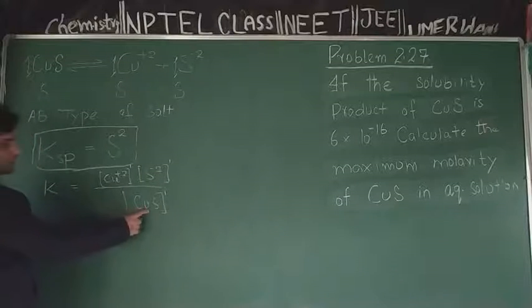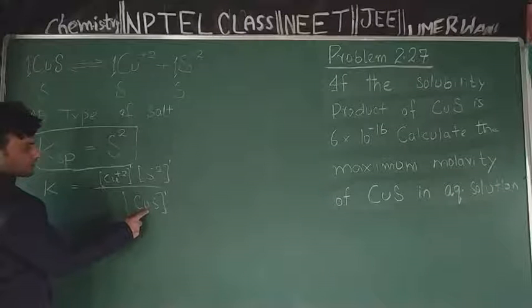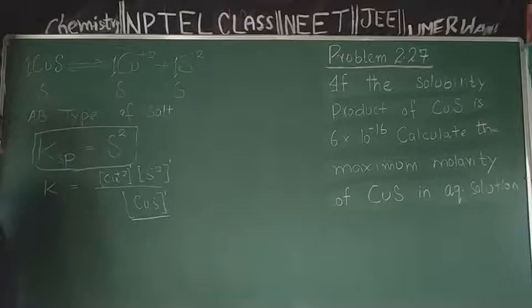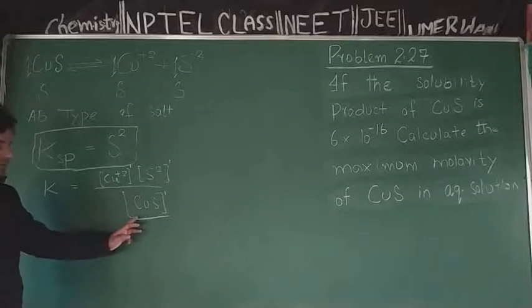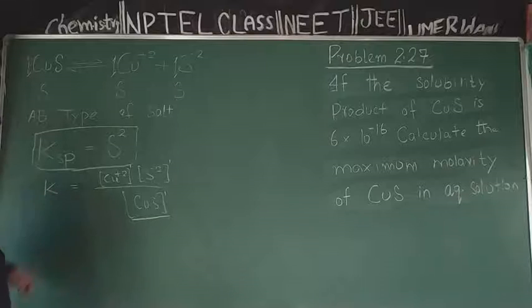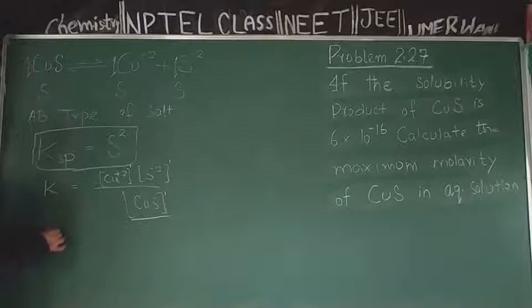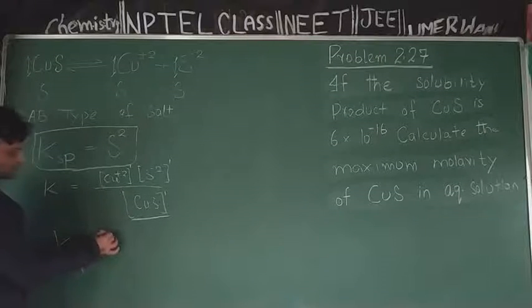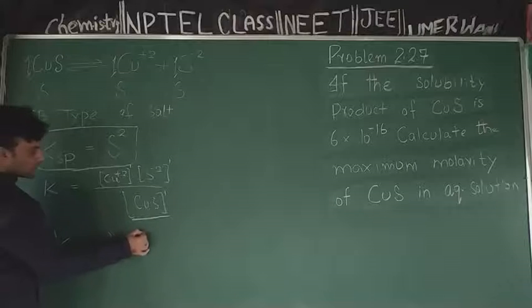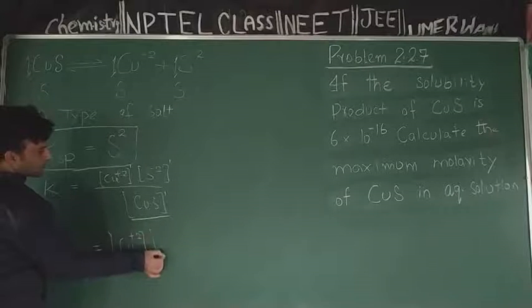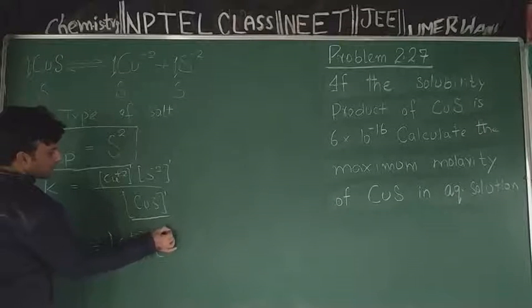Now because it is sparingly soluble, the maximum amount will remain undissolved, so this I can take equal to a constant, and a constant multiplied by a constant will become one more constant, which we name the solubility product. So solubility product will be equal to the product of the maximum dissolved concentration of copper ion and the maximum dissolved concentration of sulfide ion.